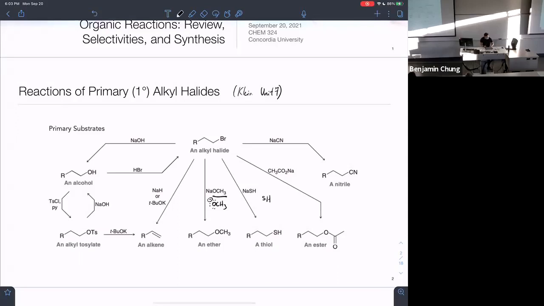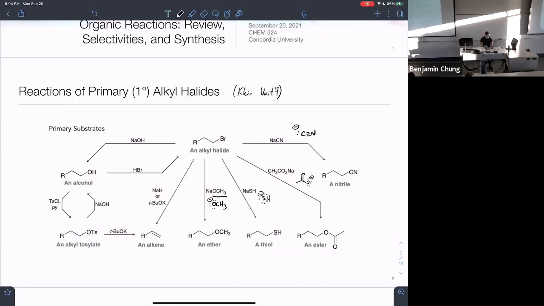You have thiolate that can be a nucleophile. You have acetate that can be a nucleophile. And then finally, you have cyanide that can be a nucleophile. Are we all clear on that?